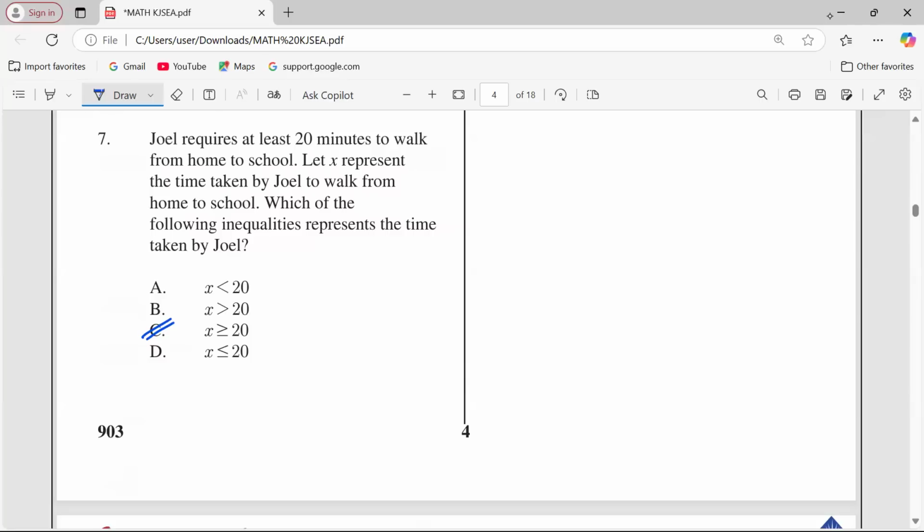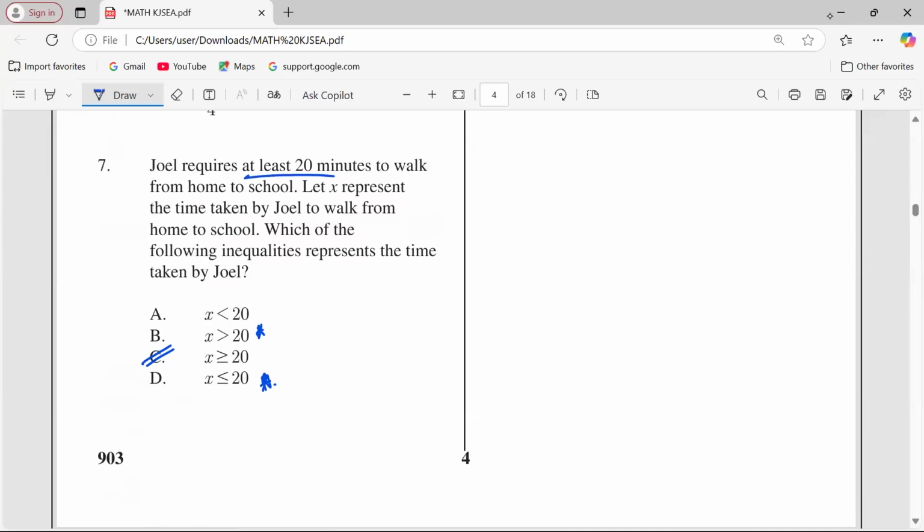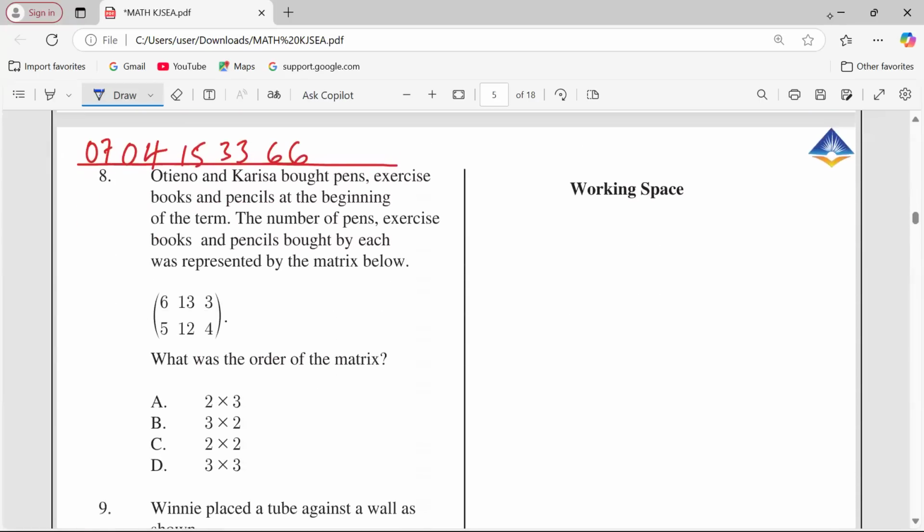So we disqualify choice B. And we also disqualify this one, because when you take less than 20 or equal to 20, that is not at least 20. At least means the minimum he can take is 20. So we work with choice C. That's how we interpret such an inequality.